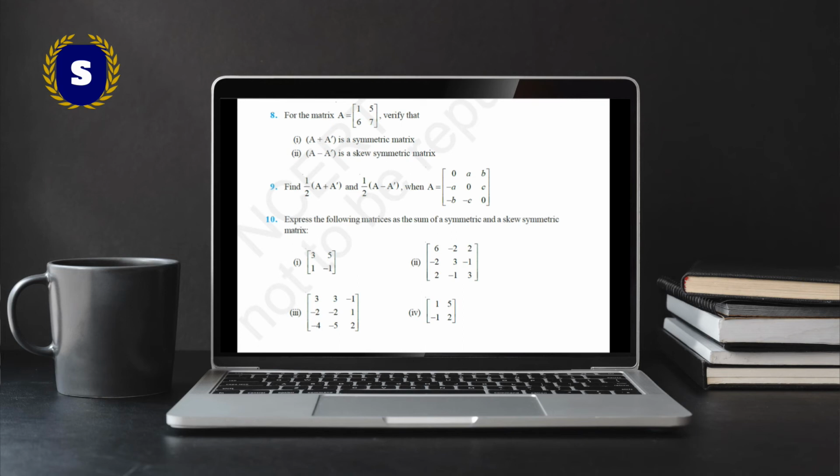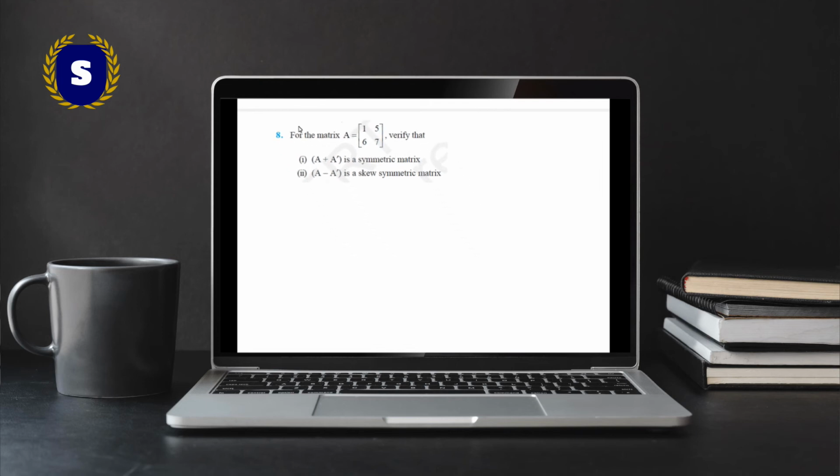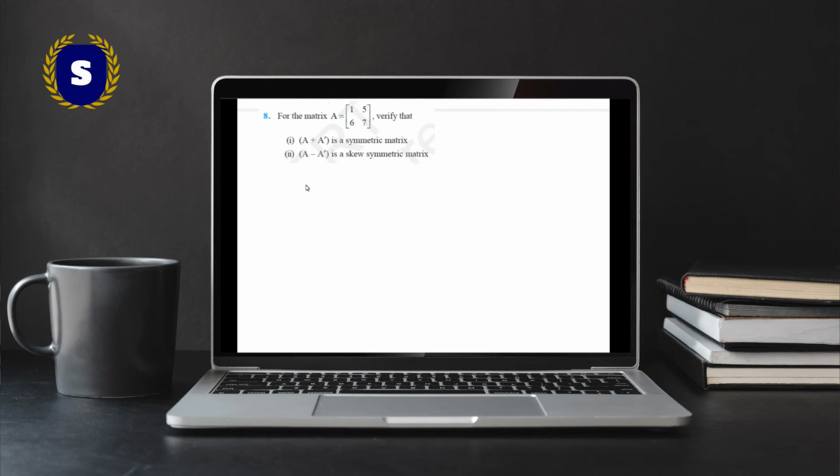Now we have to do question number 8. We are given a matrix A here. We need to calculate its transpose first.